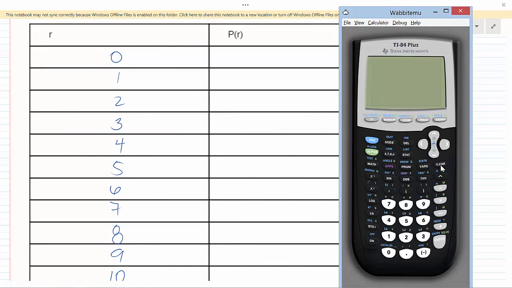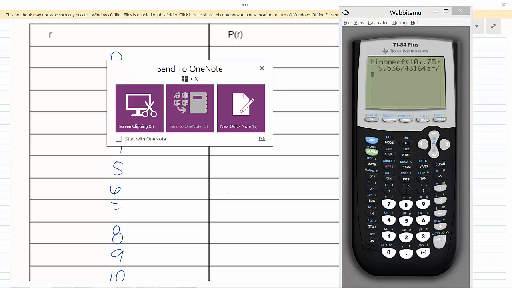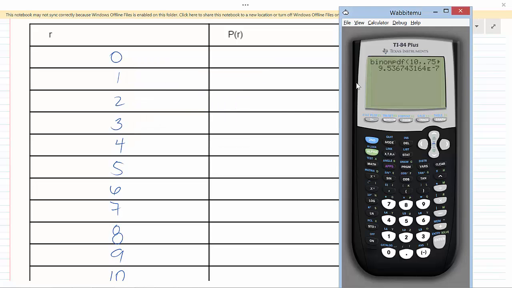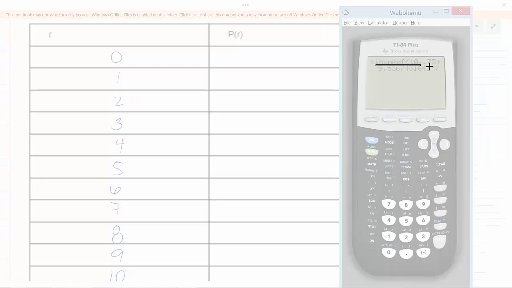I could use the formula to do this by hand, or I can use binompdf. So that's second vars, alpha A. And we have 10 trials, a probability of success of 0.75, and I'm just going to go down the line for each of these. So I'm going to start with 0, and I get a number that's in scientific notation, so I'm going to have to convert that.